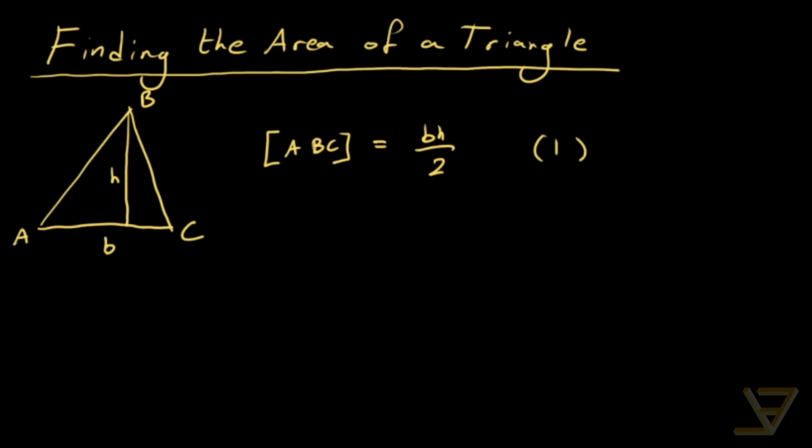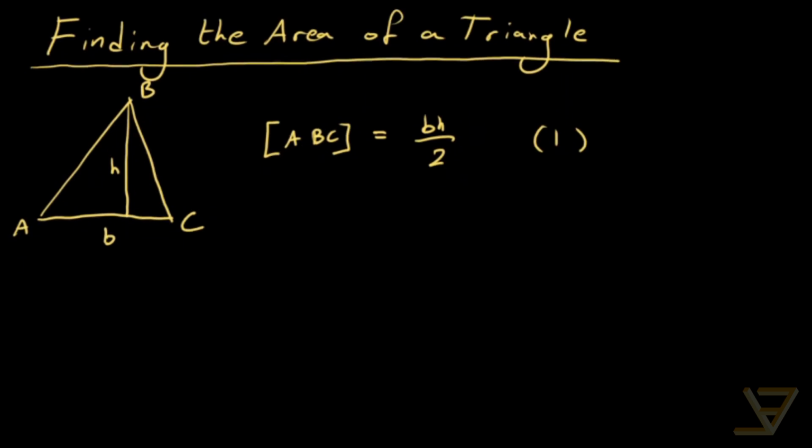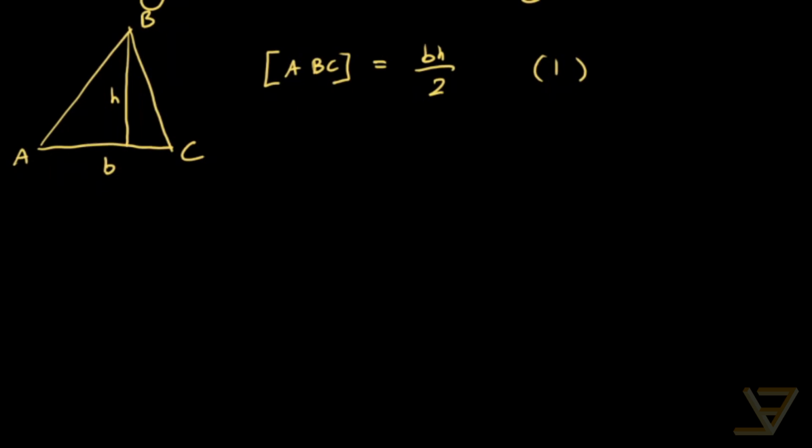But remarkably, there are at least 5 other ways of finding the area of a triangle, and I'll be showing those to you now. So for the second method, let's say we have an incircle with the corresponding triangle around it.